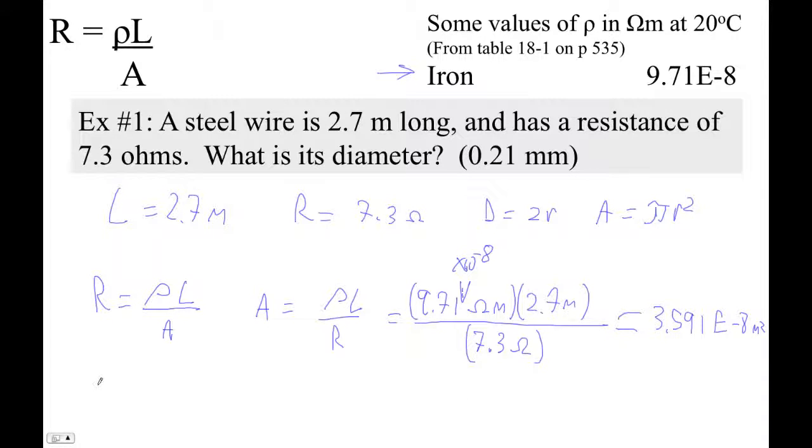And then that's going to equal pi r squared. So what am I going to do? I'm going to divide that by pi, and then take the square root of that. And I've got that my radius is 1.069 times 10 to the minus 4th meters. But we want to know the diameter, so I'm going to multiply by 2.